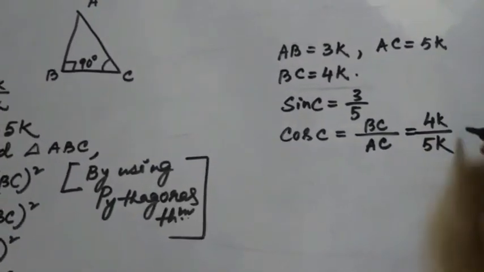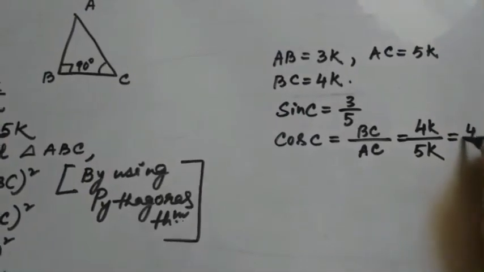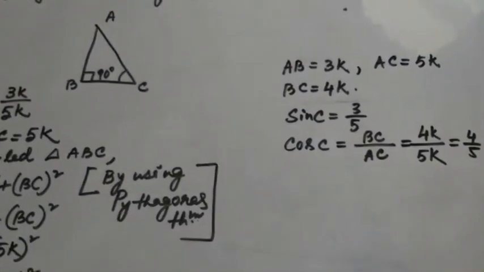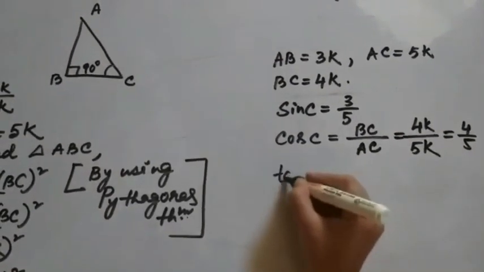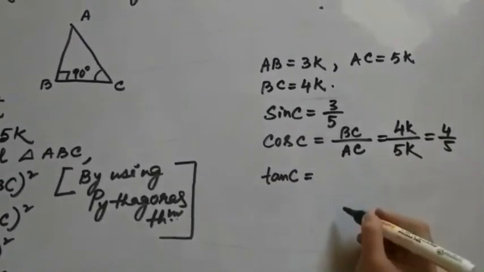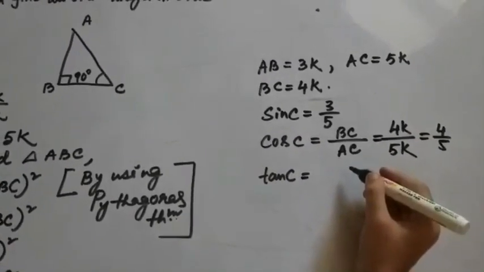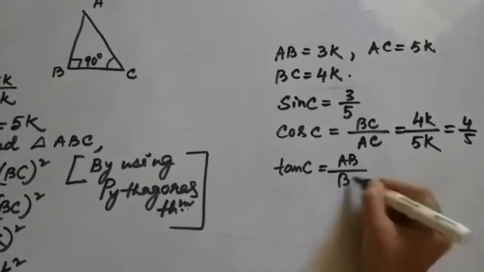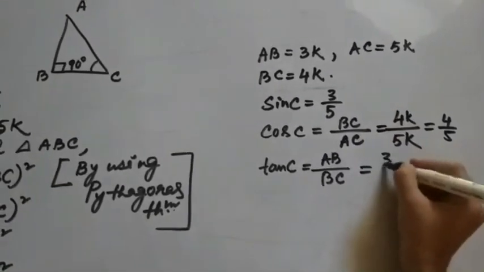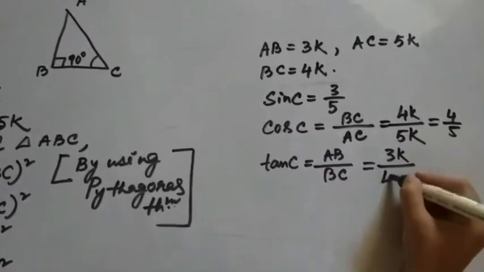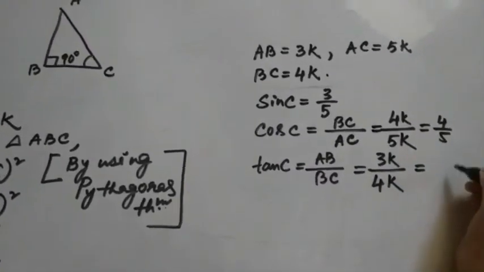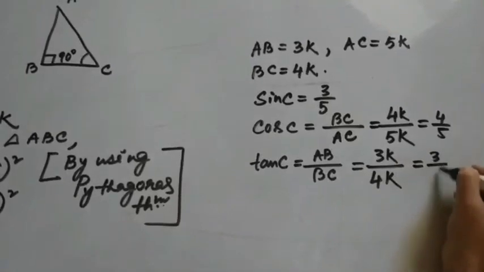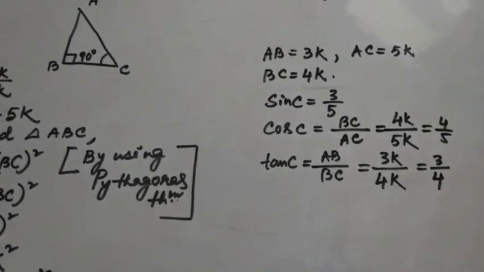The K will cancel and the answer will be 4 by 5. After that tan C. So tan C will be perpendicular divided by base. Perpendicular means AB by BC. The value of AB is 3K and the value of BC is 4K. The answer will be 3 by 4.